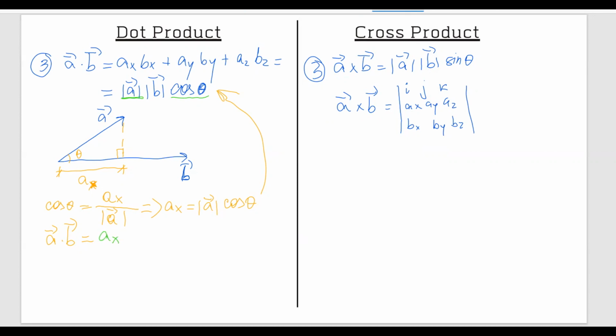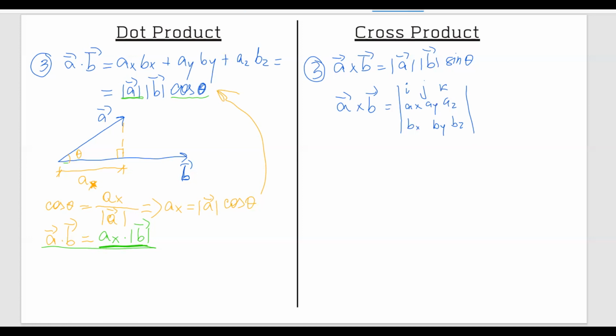So I'll write AX times the magnitude of vector B. So if you look at this, the dot product is the vector B times the projection of vector A onto vector B. Imagine if you have a lantern on top of vector A, that is the projection of vector A on vector B. In other words, this can also be explained as how much of vector A goes in the same direction as vector B. So again, the dot product is the vector B multiplied by how much of vector A goes in the same direction as vector B.